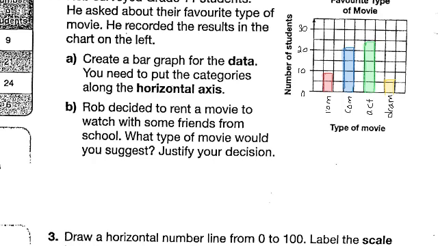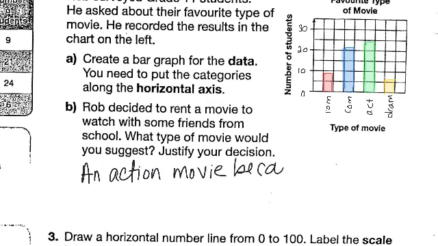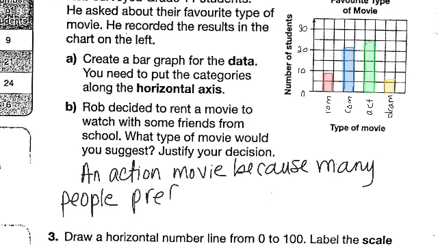So you could justify with your own opinion, but then again, if you're just going by the information here on the bar graph, you would say that an action movie would probably be appropriate. An action movie because many people prefer action. Action movie.